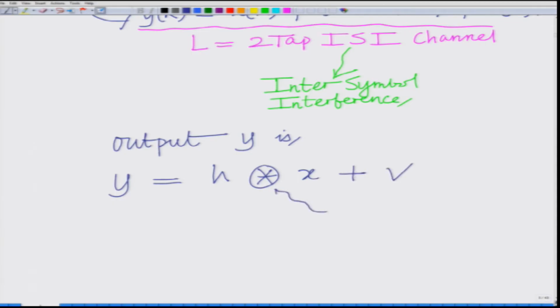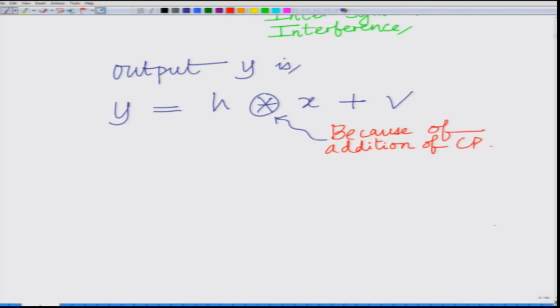It is important to keep in mind that, because of the addition of the cyclic prefix, this linear convolution has become a circular convolution.